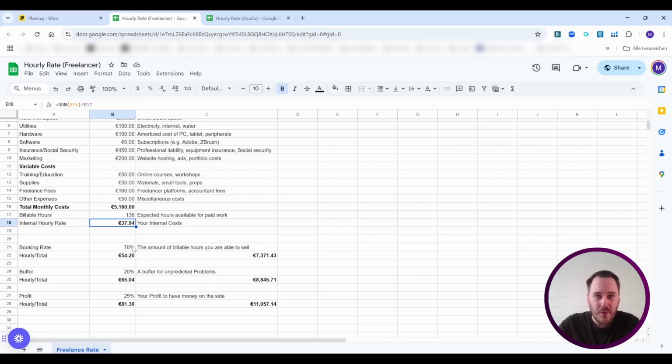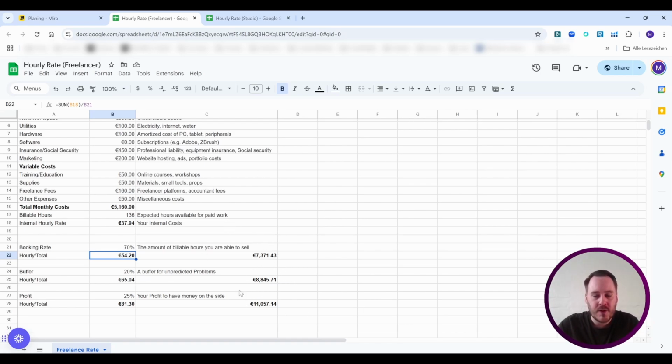If you have a good booking rate, you have a rate of 70%, but then this is really a good rate. So this would take up your hourly total to 54 euros because you would already need 7,000 euros per month that you pay in the months that you work full, to cover for the other months where you will not work full.